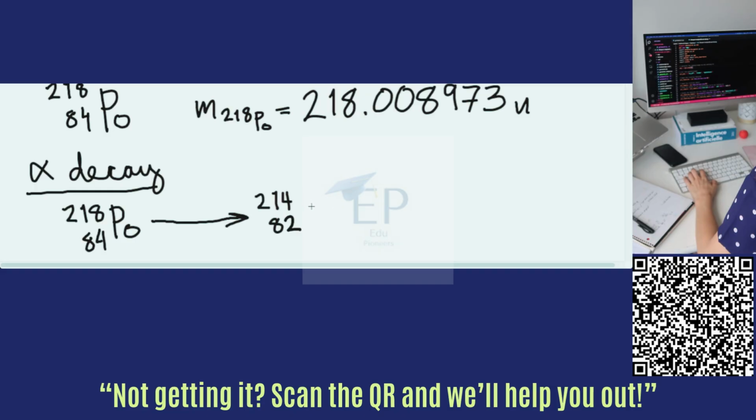The element in the periodic table that has an atomic number of 82 is lead. So that is the daughter element plus our helium atom.